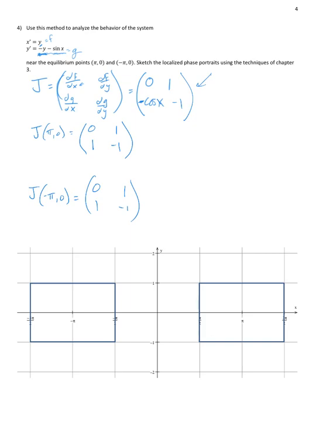And if I want to sketch their phase portraits, I need to find the eigenvalues. So I'm going to do the determinant of A minus lambda I. So that's going to give me negative lambda, 1, 1, negative 1 minus lambda. So that's going to be lambda squared plus lambda minus 1.